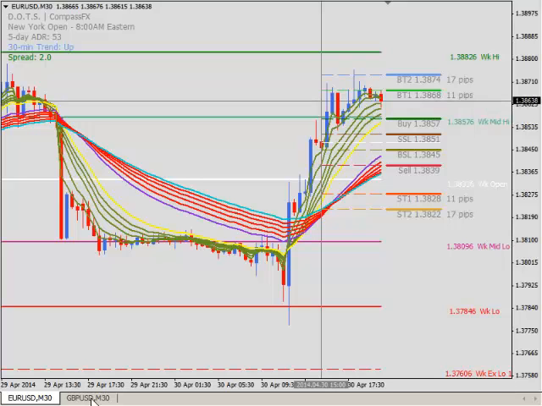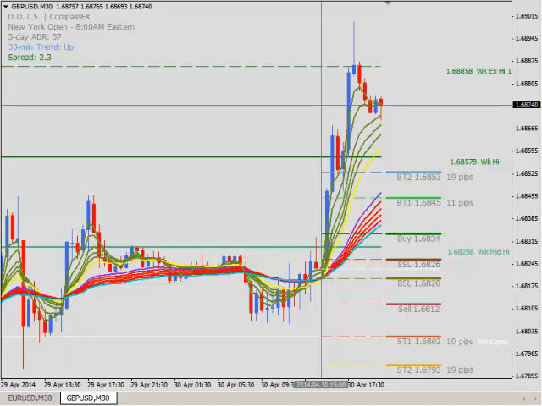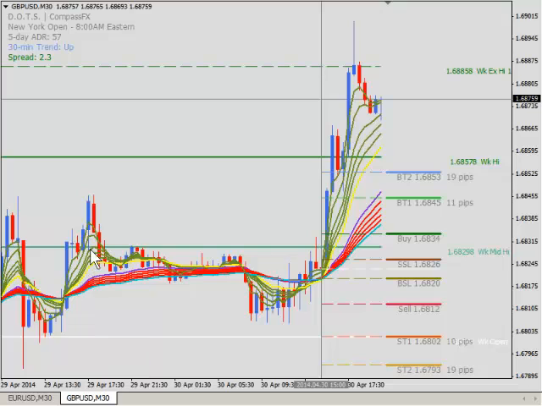If we take a look at the pound dollar on a 30-minute chart, the market was a bit back and forth from the open of the week to the mid-high of the week. And today we had a very strong move on the pound, a lot of buying, and saw this push to the upside.